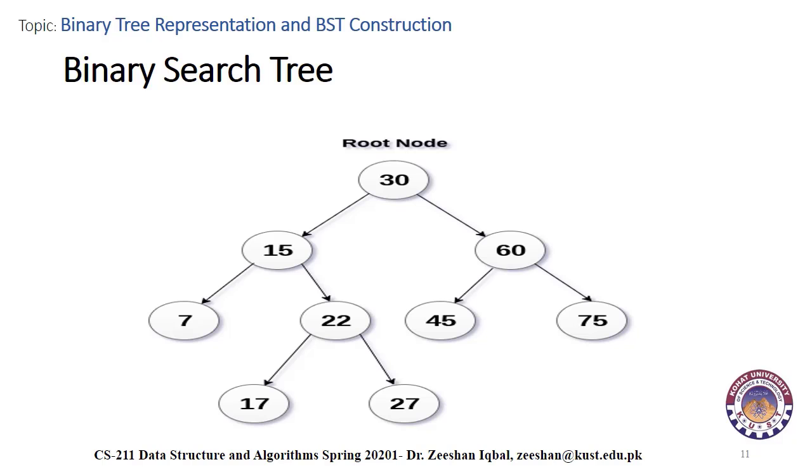Similarly, if we consider 60 as parent, the left child is smaller, as 45 is smaller than 60, and 75 is greater than 60. Again, if we see the left portion, 22 is greater than 17 and 22 is less than 27. So the left child will always be smaller and the right child will always be greater than or equal to its parent node.